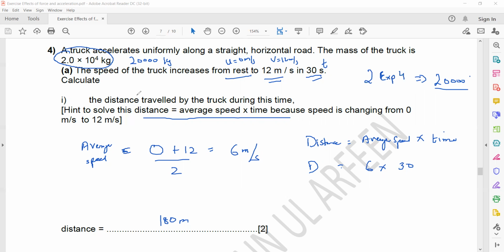We need the distance, and they give you the formula that distance is average speed multiplied by time. To get the average speed, we take the two speed values: starting from rest, the starting speed is 0 and the final speed is 12. So 0 plus 12, divided by 2, gives the average, and average speed multiplied by time gives the total distance traveled by this object.